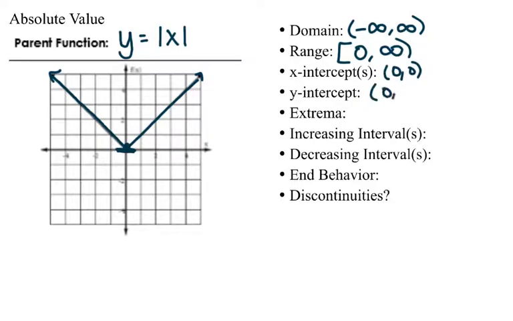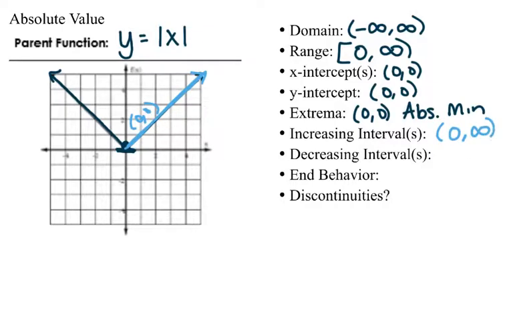Also, the y-intercept is at 0, 0. Extrema. So I would say it has an absolute minimum at 0, 0. It's increasing from here to here. Remember, that starts at 0, 0 and then goes forever. So I would say from 0 to infinity. It's decreasing from negative infinity to 0.